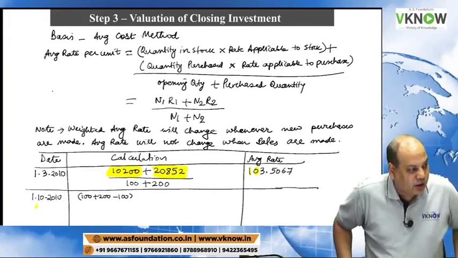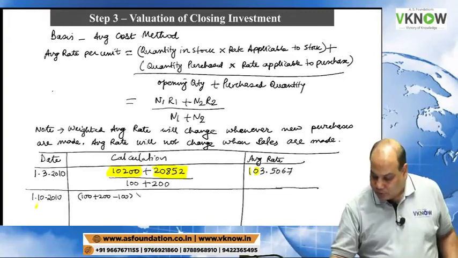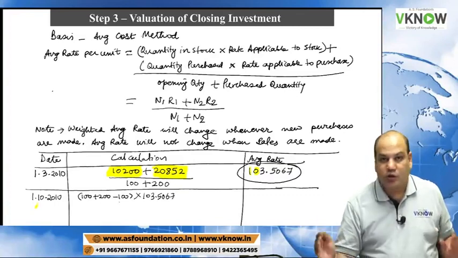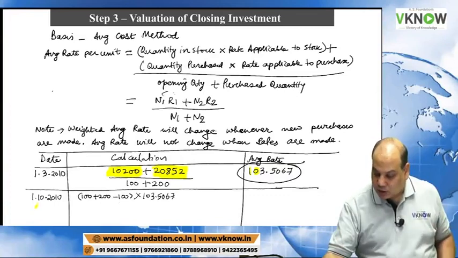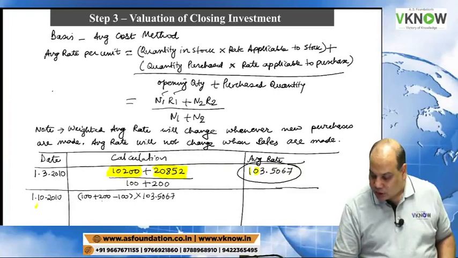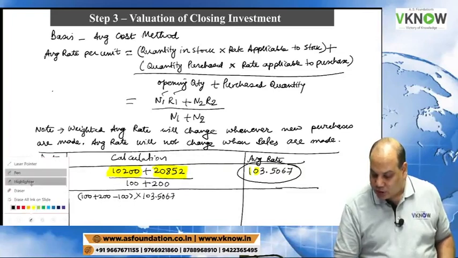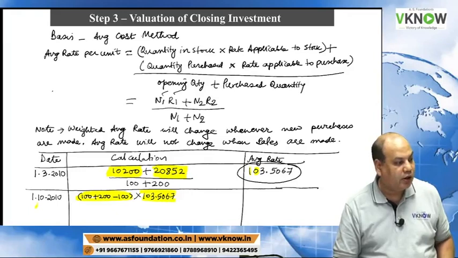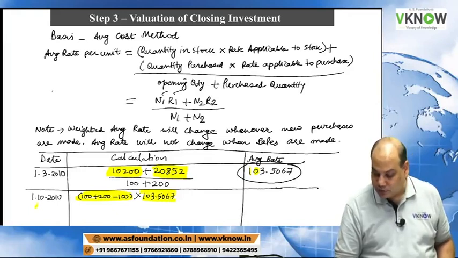200 quantity we have, and this will be multiplied by this rate, 103.5067. This is the N1R1. 100 plus 200 minus 100 is the quantity in hand when you purchased, and this was the rate applicable for that quantity, 103.5067.